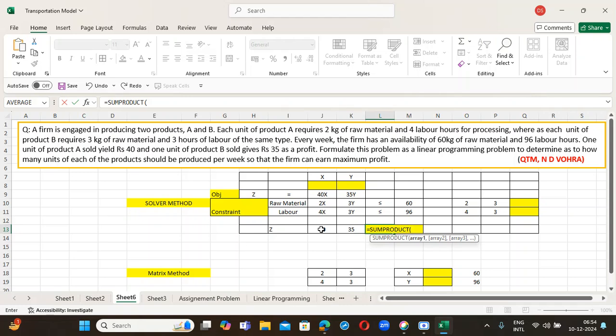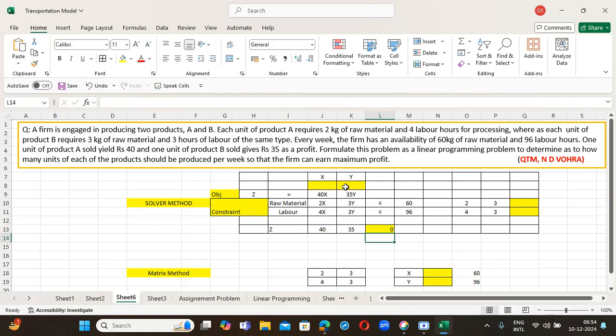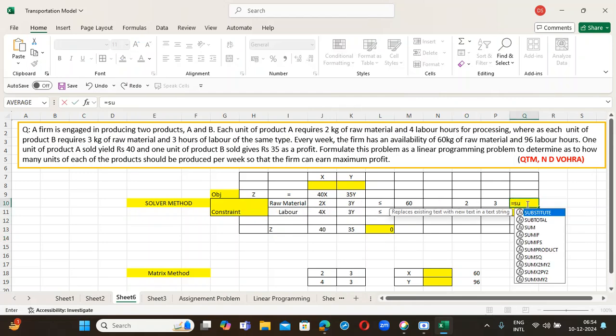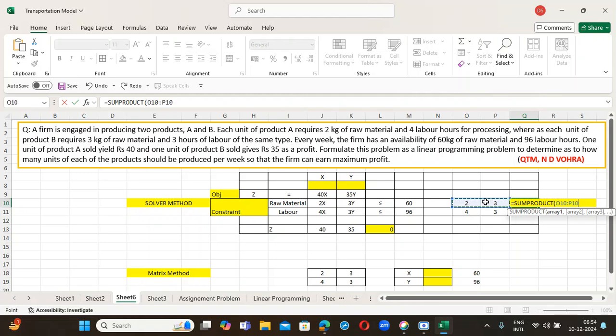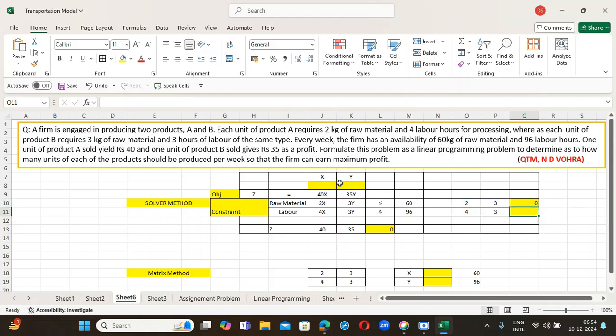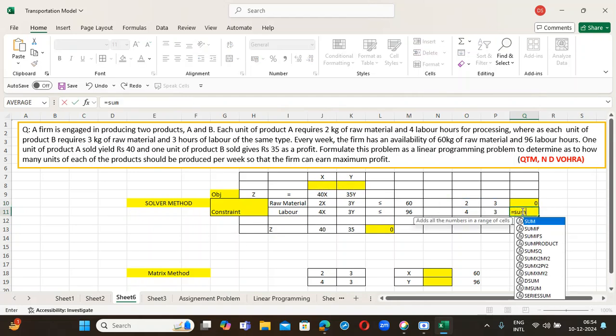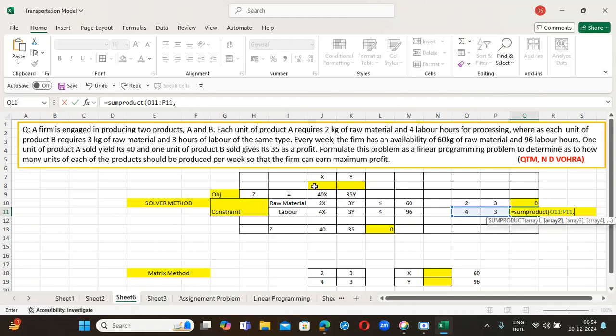It's the multiplication of the 40 and 35 cells with whatever the values will come, that is X and Y. Similarly, here I have written 2 and 3, sum product of the particular cells multiplied by whatever the values will come in the form of X and Y. Similarly, in the labor hour case also it is the sum product of 4 and 3, and whatever the values will come in the form of X and Y.